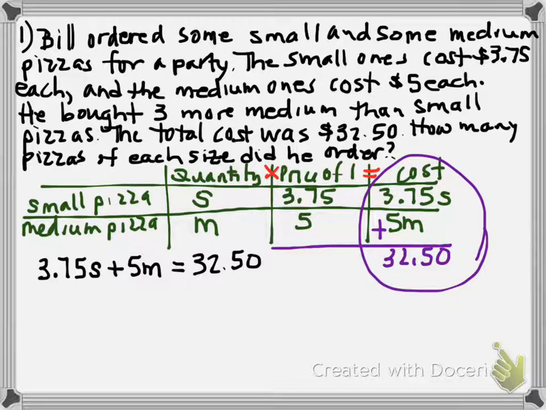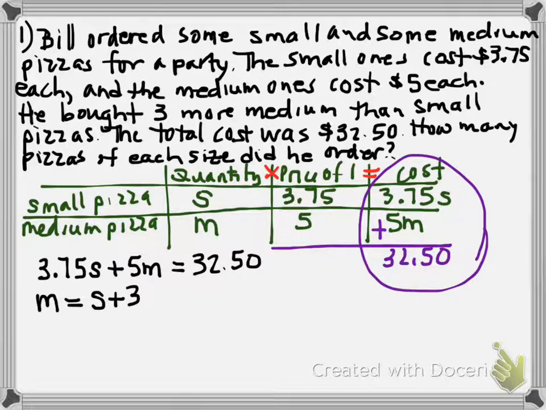So what does he have more of? The small or the medium pizzas? He has more mediums. So in order to make the small get up to the same level as the medium, we have to keep them separated. And so the medium number of pizzas is the small number of pizzas with 3 more added to it. Okay?